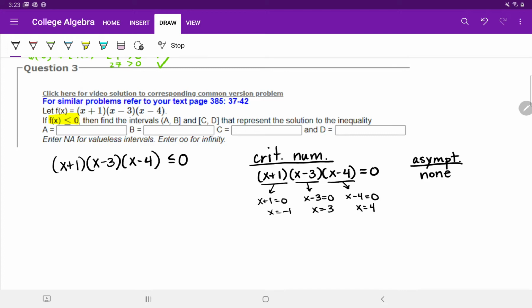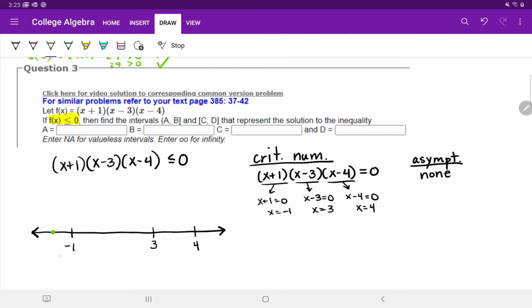So now we draw an x-axis, and we're going to split our x-axis up at our critical numbers. So we start with negative 1, and then we have 3 and 4. So this problem has 4 separate intervals, and we have to pick 4 separate test points.